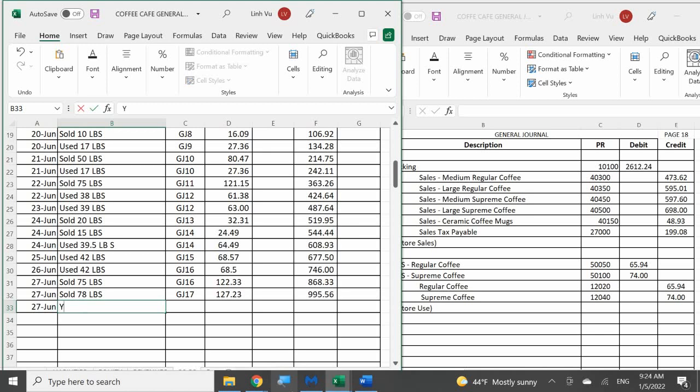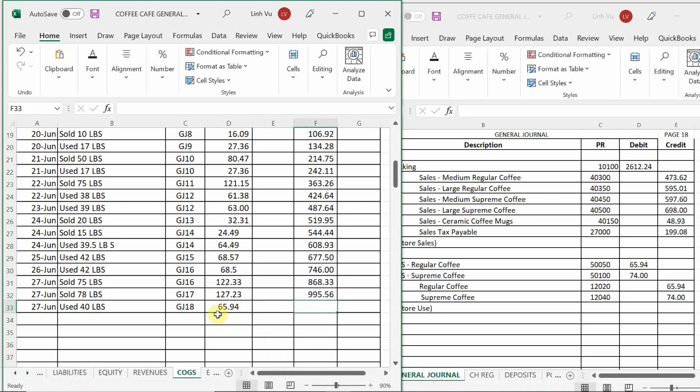We used 40 pounds. General Journal 18 for 65.94. Okay. So what is my grand total balance here? 1061.50. Good.